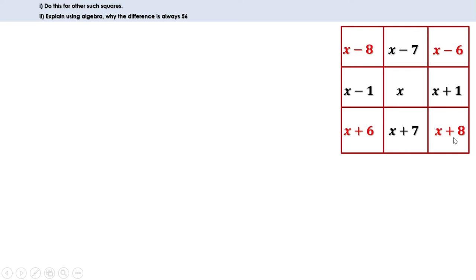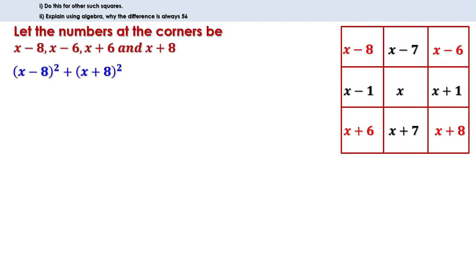Now let us take the diagonal pair and find the sum of their squares. That is (x minus 8) whole square plus (x plus 8) whole square. (x minus 8) whole square is x square minus 16x plus 64, and (x plus 8) whole square is x square plus 2 into x into 8 plus 8 square, or x square plus 16x plus 64.